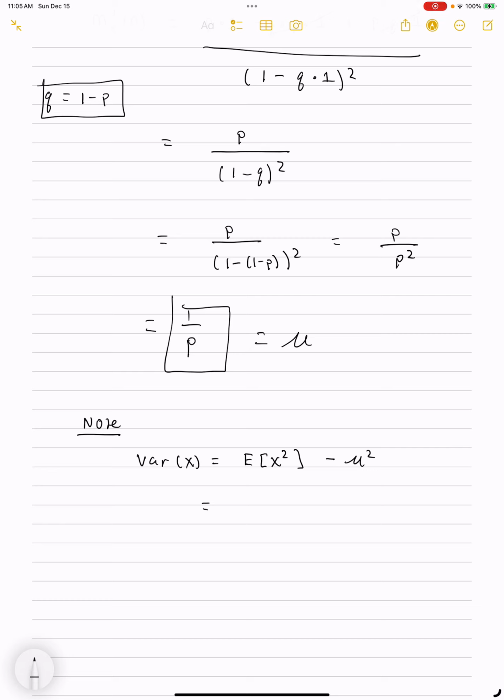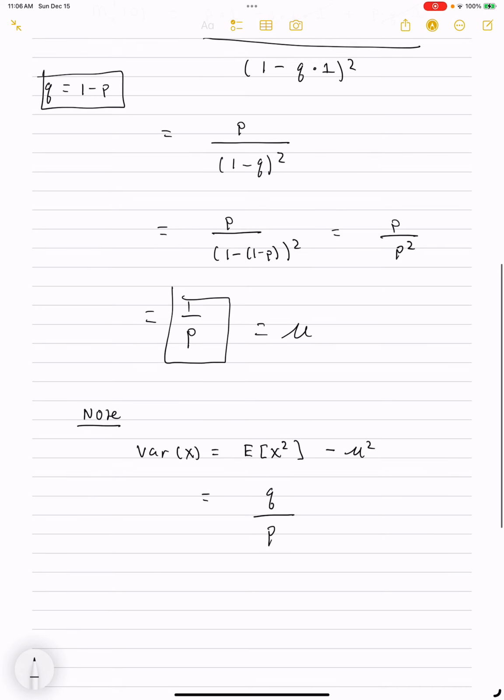And of course, the mean here is 1 over p. If you were to do that, what you're going to get for the variance is q over p squared. Of course, this piece, that is 1 over p squared.